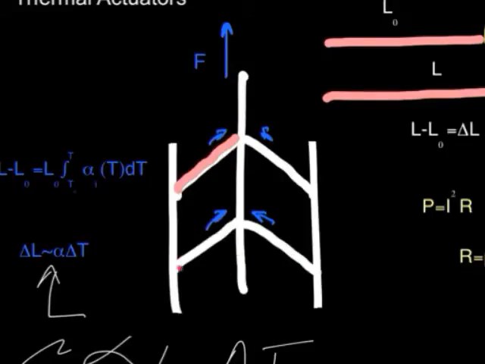Each one of these will expand if I heat them up, and it'll force this shuttle to move up. So there's some resultant force that you can put on this shuttle. Does that make sense? So now I made an actuator.